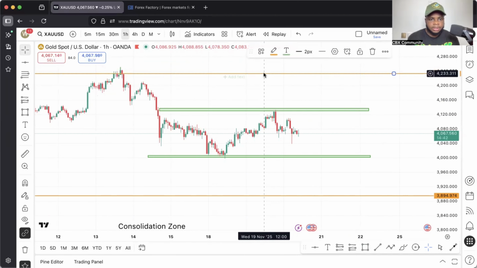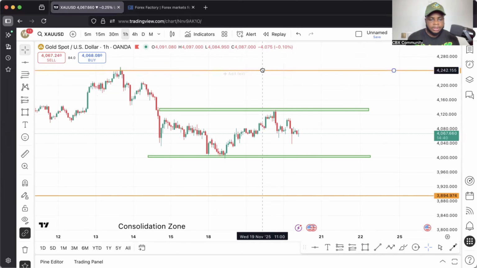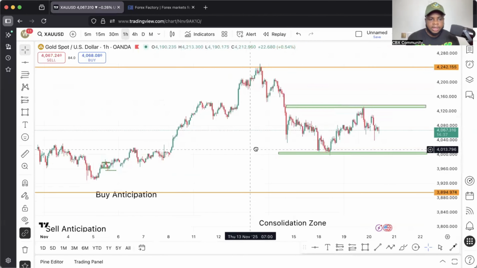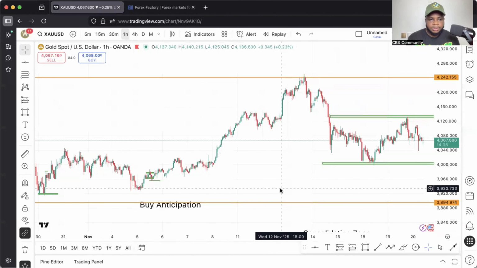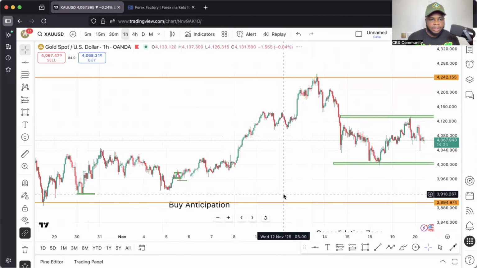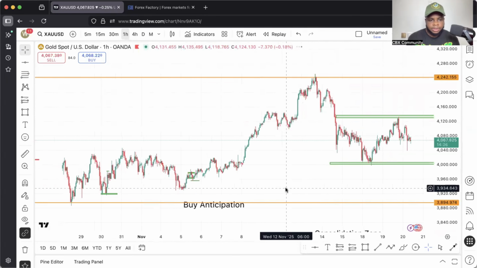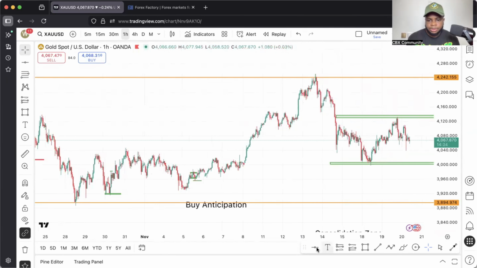Let's adjust this to this place. Let's look at the left hand side. We have a support over here. We have a support over here.